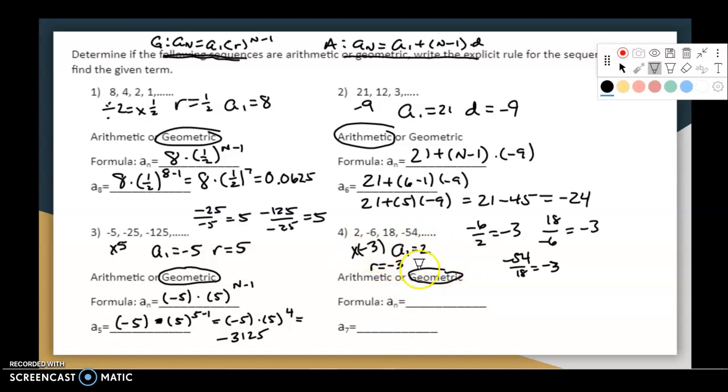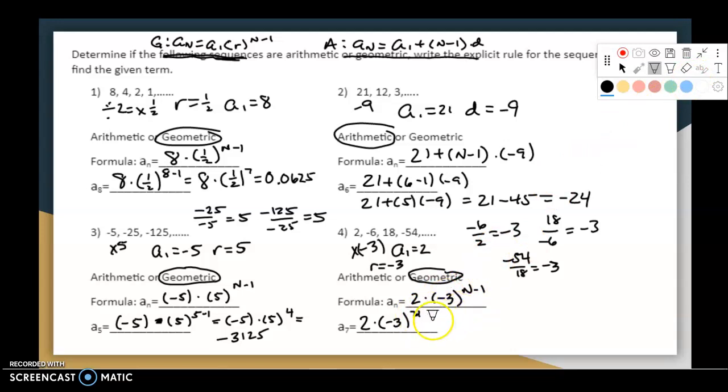Okay, so for my formula, I'm going to use my geometric formula that I have up here. AN is equal to 2 times -3 to the n minus 1 power. And then if I want A7, I'm going to plug 7 in for n. So I'm going to write 2 times -3 to the 7 minus 1.